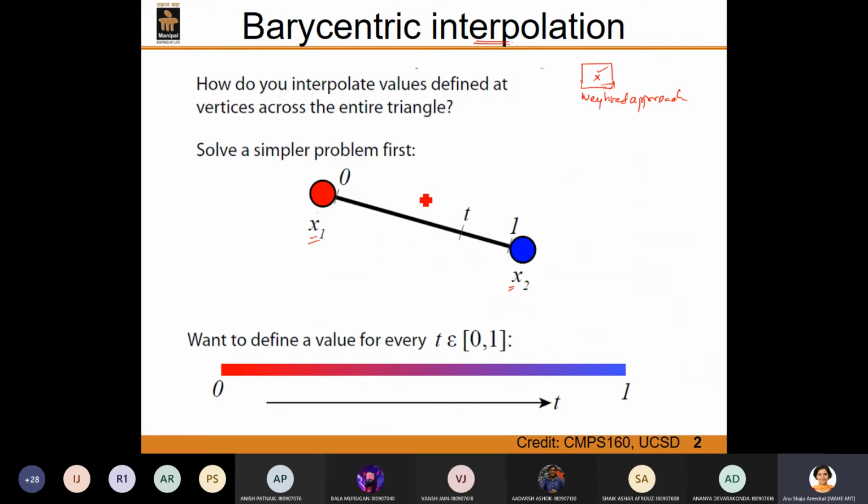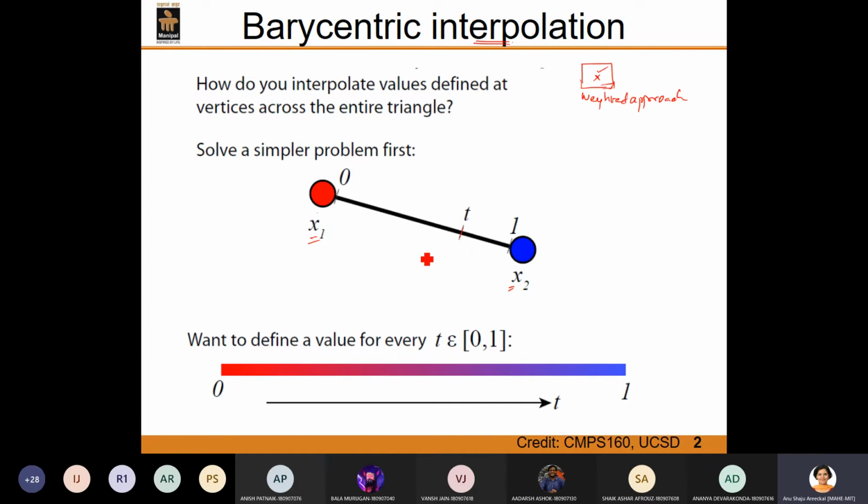Now let us say you want to find the pixel intensity value at this particular point T. T is located somewhere in between x1 and x2, and I want to find the pixel intensity value present over here.